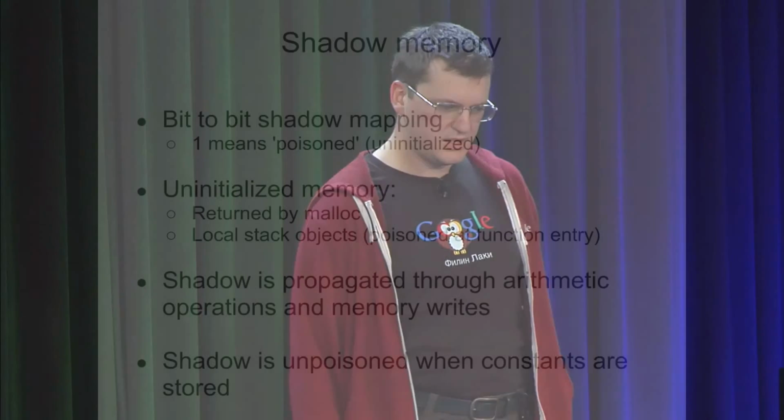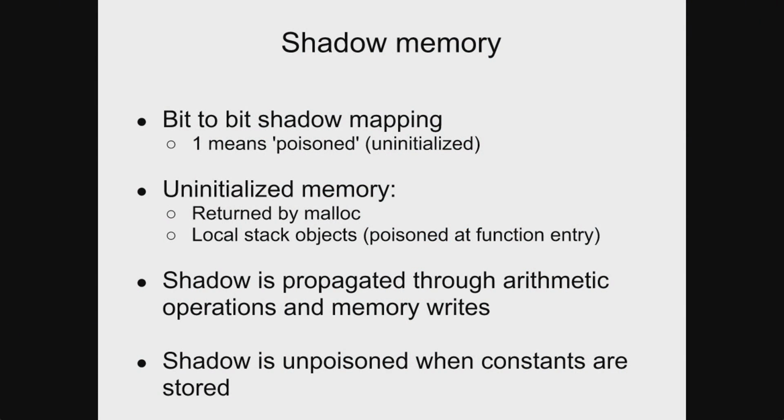Surprisingly, it also uses shadow memory. This time it is 1-bit to 1-bit mapping. And every bit, if it is set, it means that the corresponding application bit is uninitialized or poisoned or whatever. Uninitialized memory is returned by malloc. So once you malloc the buffer, the whole buffer is poisoned. And uninitialized memory also comes from local stack objects.